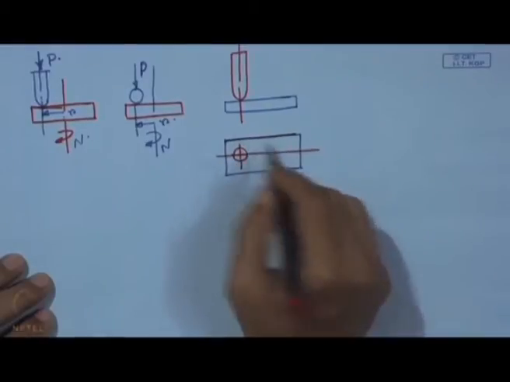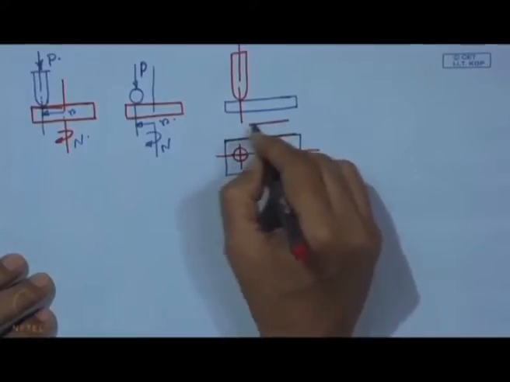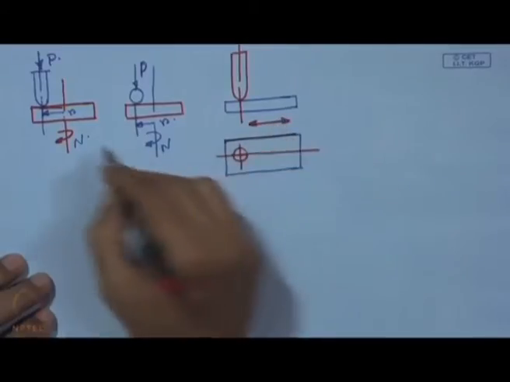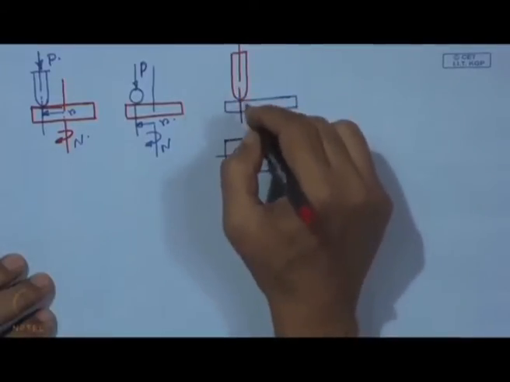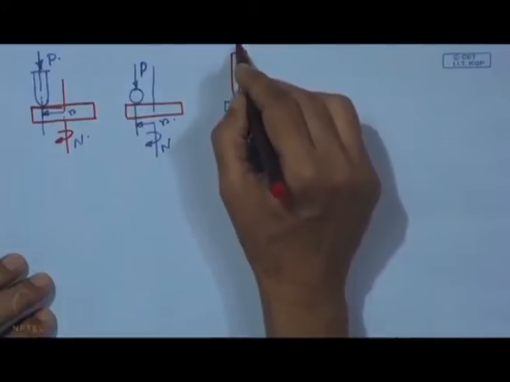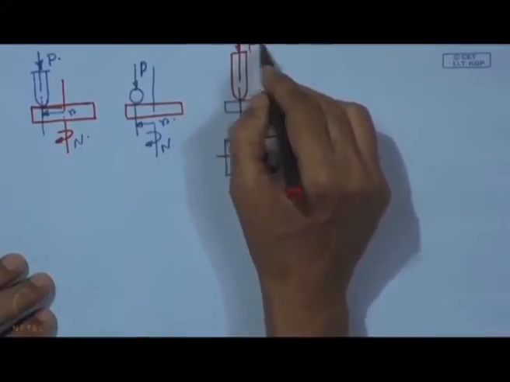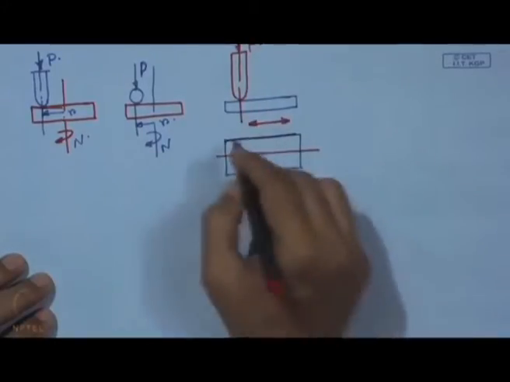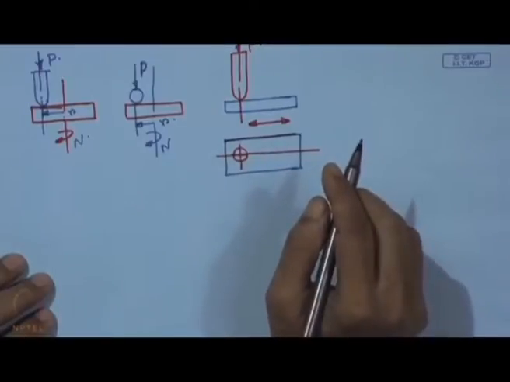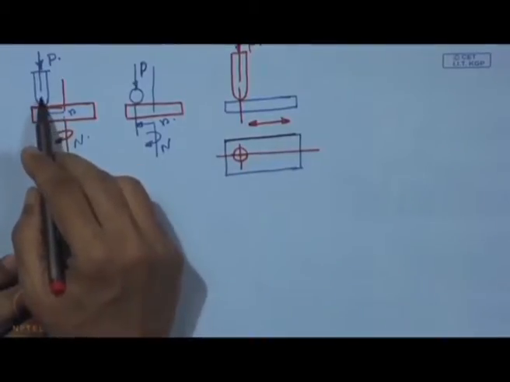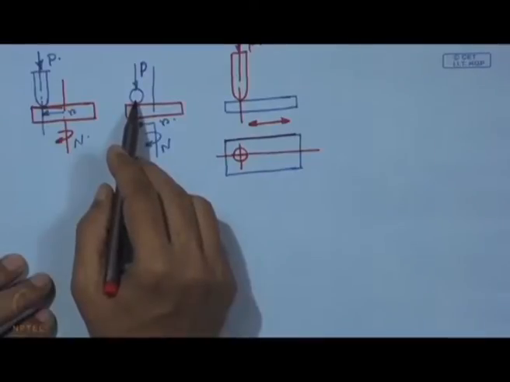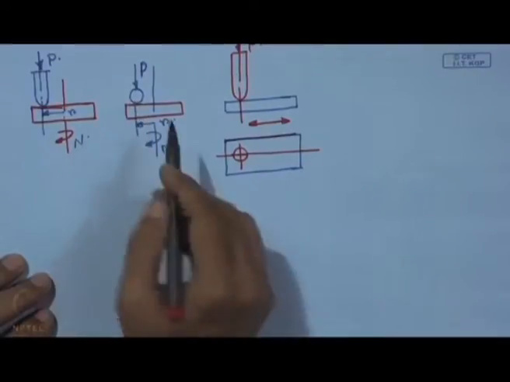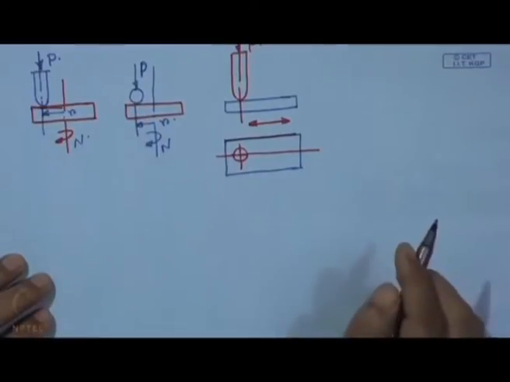This is reciprocating. Here it is unidirectional rotation, and here this pin is stationary with a force P in contact with this table, and that is a reciprocatory motion. And here also this pin or the ball is stationary, and this disc is rotating.